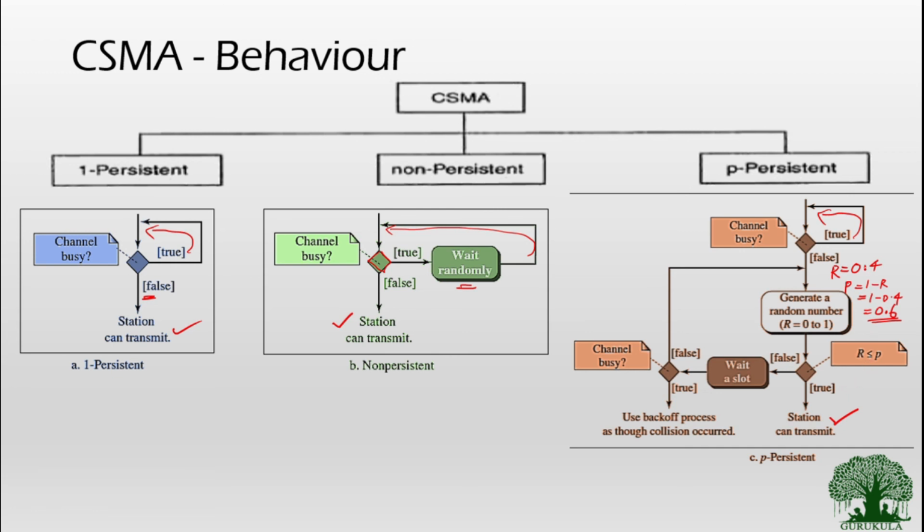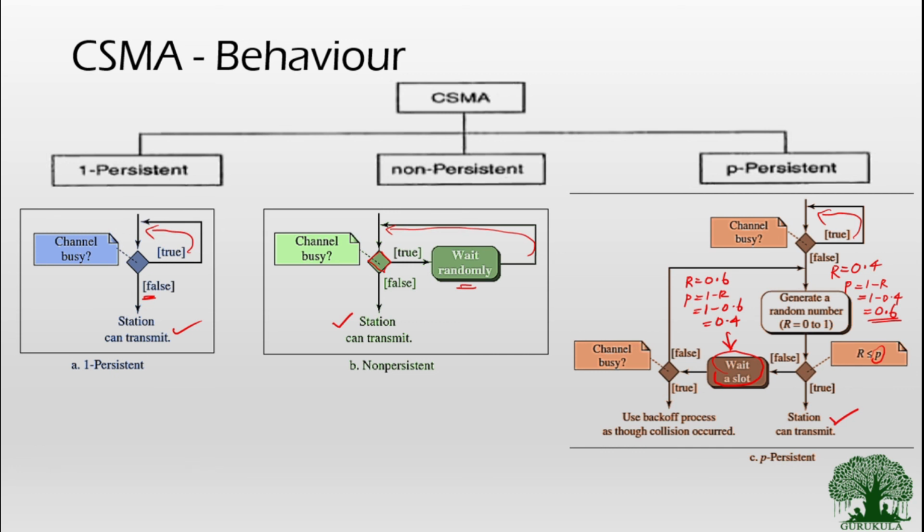Now let us take the second scenario. In this case, r is equal to 0.6. P is equal to 1 minus r, so p will take the value of 1 minus 0.6, and now p is 0.4. The p value is lesser, so it has to wait for a slot, which means that this particular free slot is not its own slot to transmit.